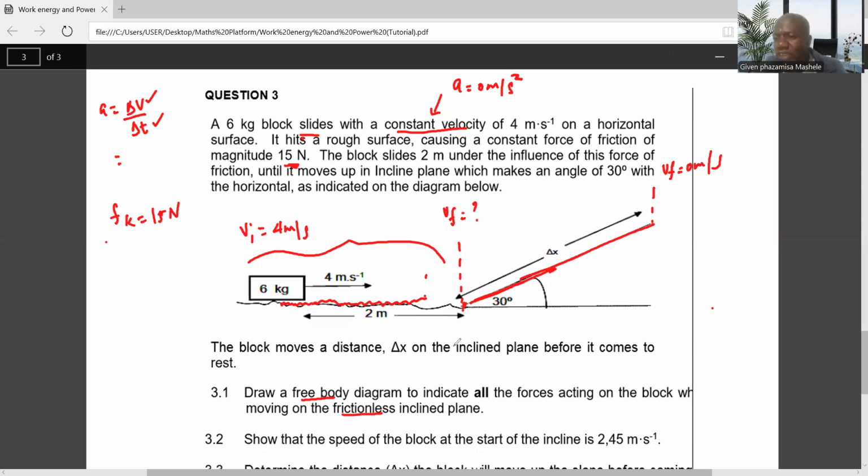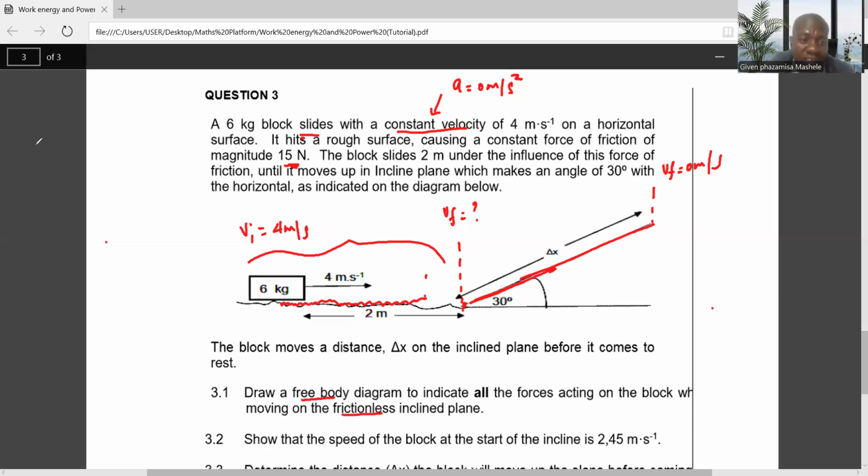There are many ways to skin a cat. Since they did not specify, we can use the equations of motion, or the work energy theorem, or the work done by the non-conservative force. It's just that the initial height and the final height would be 0.